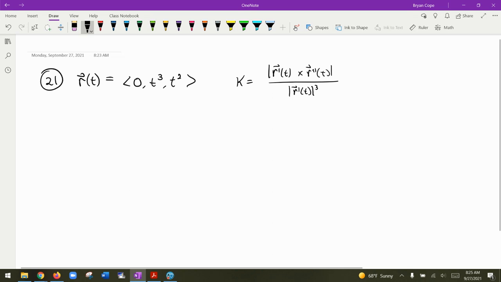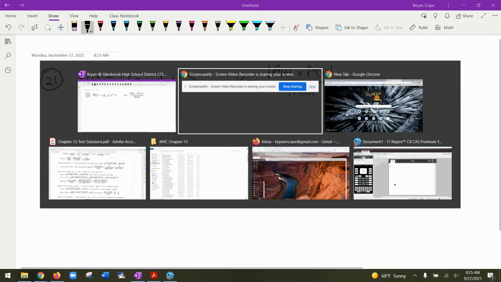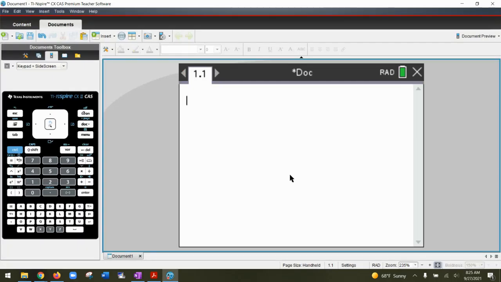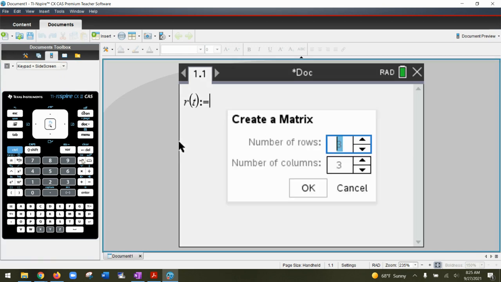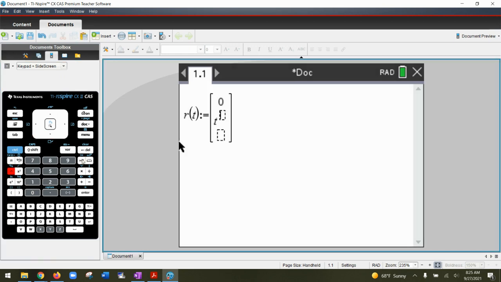I'm going to do the whole thing on the calculator, so I'll just kind of walk through defining it and then writing in the command on the calculator. r of t, function 0, t to the third, and t squared.